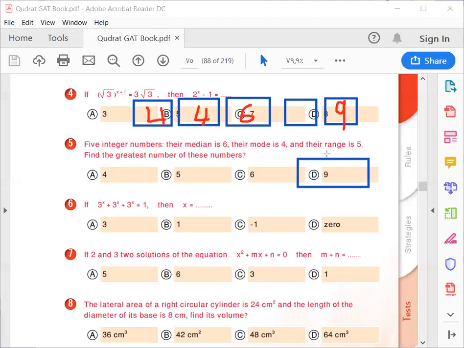Now, number 6: if 3 to the power x plus 3 to the power x plus 3 to the power x equals 1. So it is repeated 3 times, so you multiply it by 3.